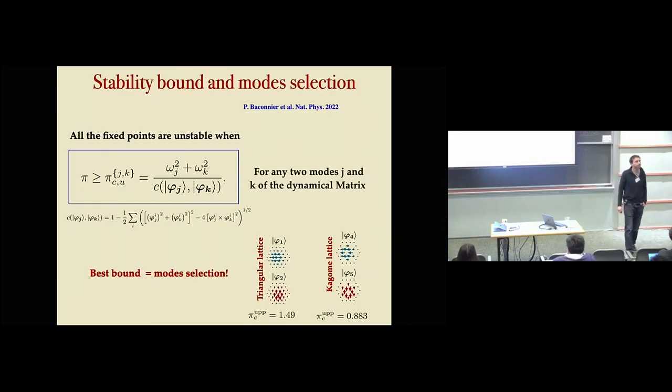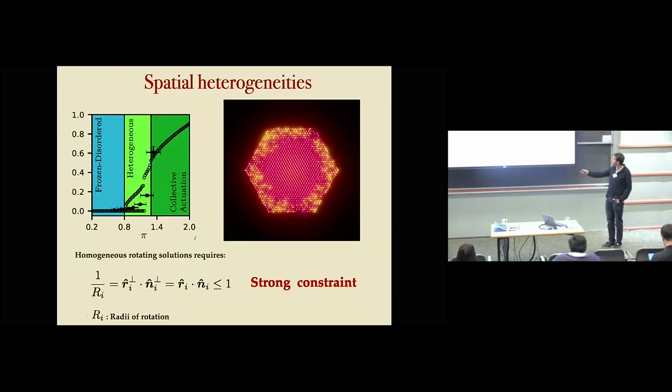So is this right above the transition in your control parameter? Further up, this is the value of the bound, and this is 1.49. Let me go back. It's not perfect, but this is 1.4.